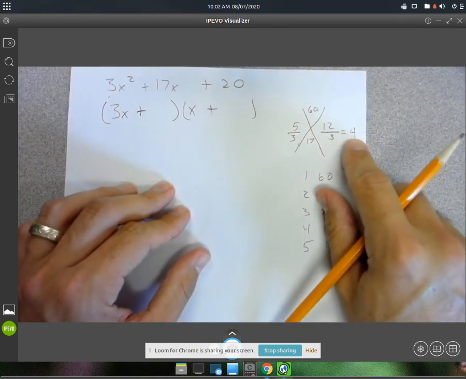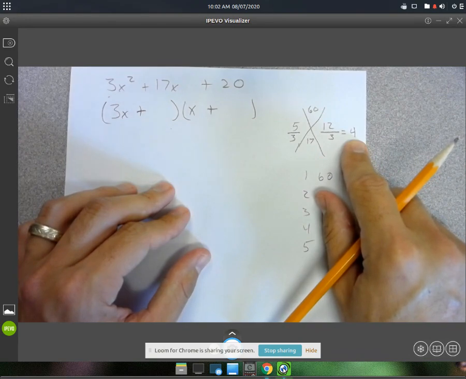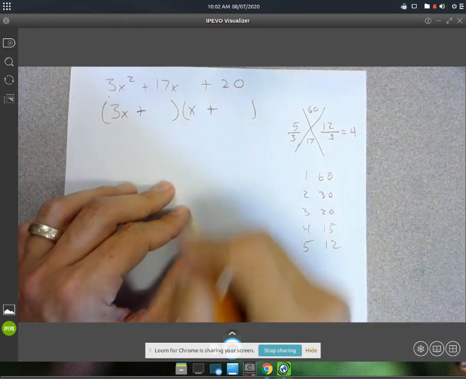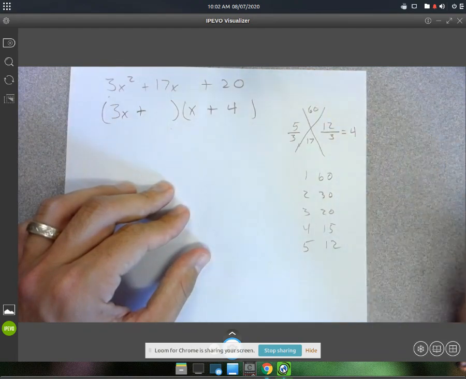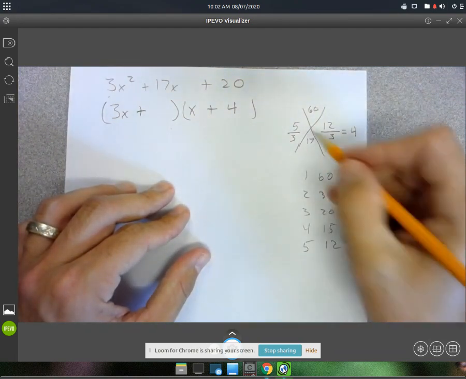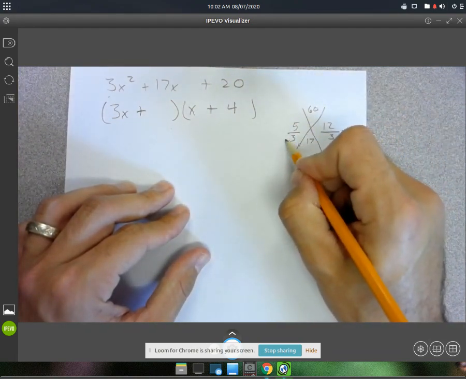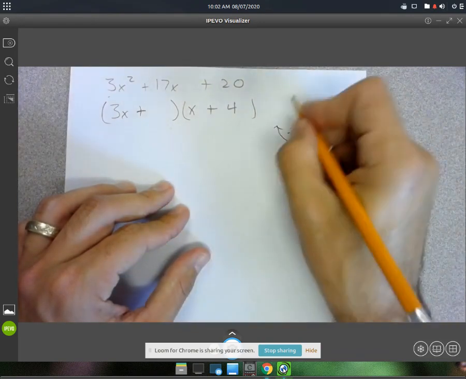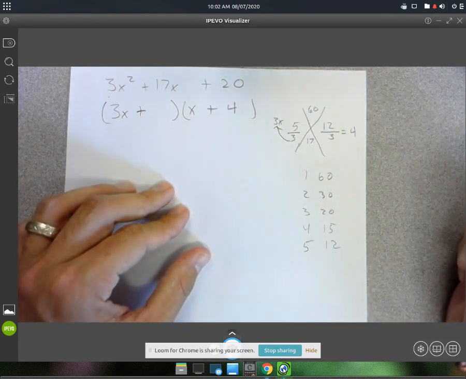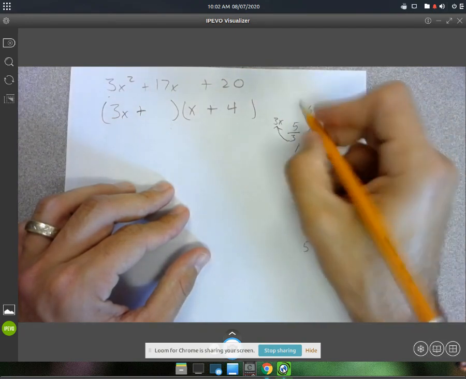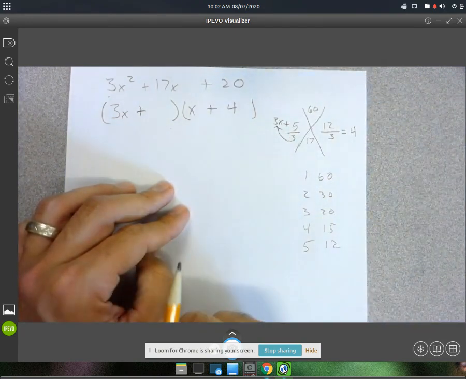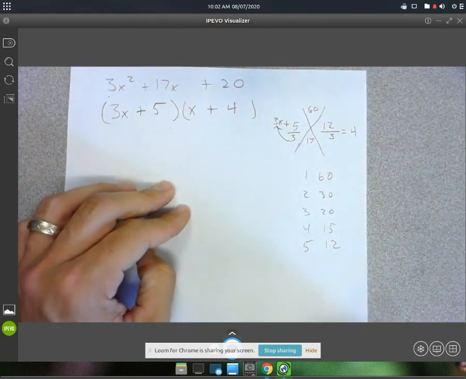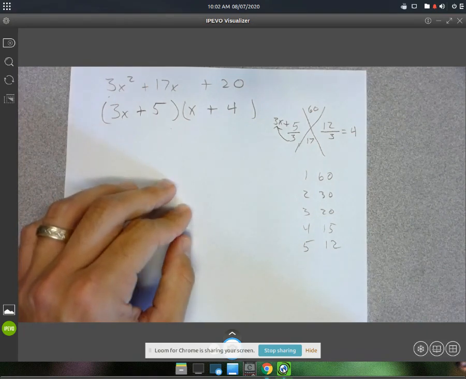Because it's a 4, we know that x plus 4 is one of our factors. On the other one, we're going to move this denominator up here and put a 3x. And since it was a positive 5, we'll just have a plus 5, and that's our other factor. So we had 3x plus 5 and x plus 4.